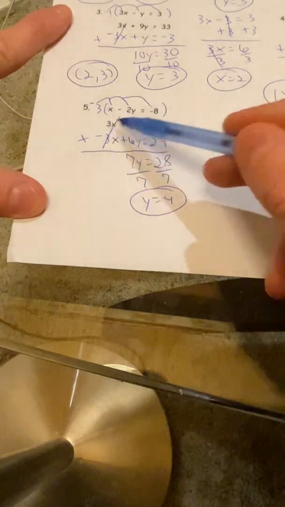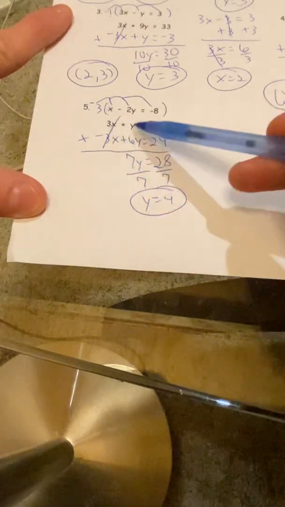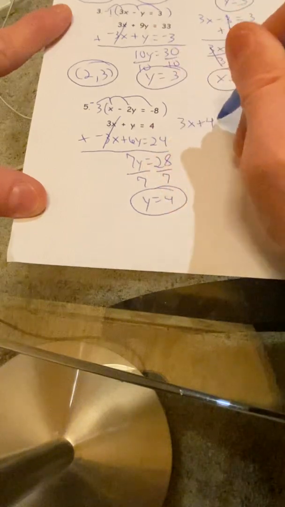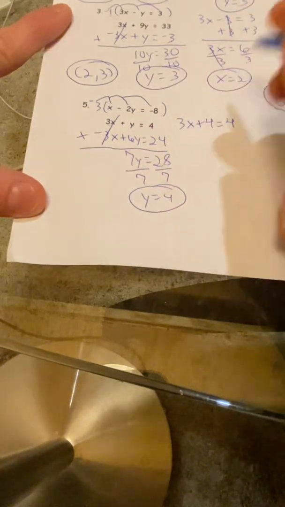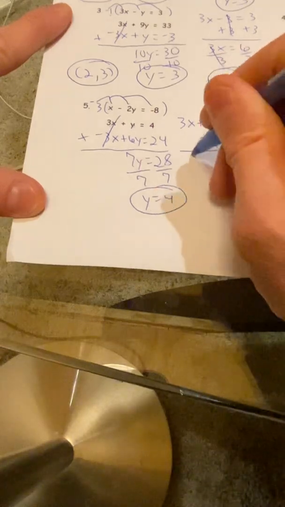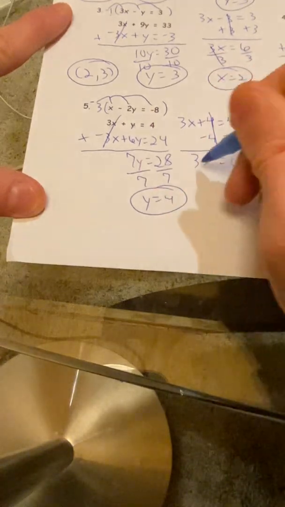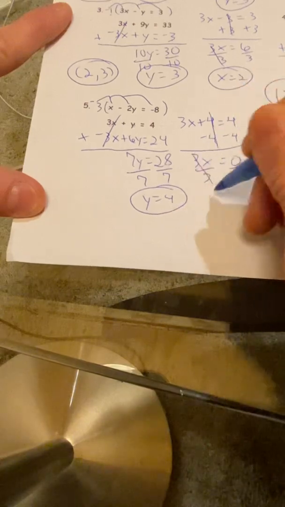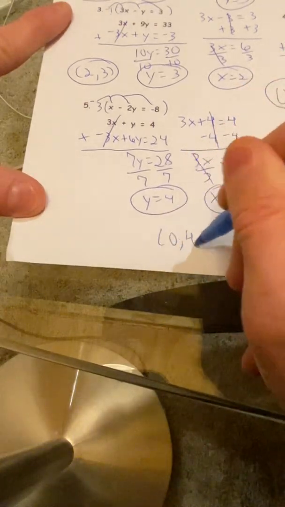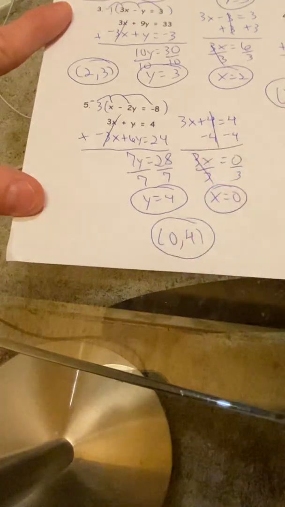Again, if you see one like the bottom row here where all you have is a y, probably your easier option. 3x plus 4 equals 4. Now, solve for x. Subtract the 4, 3x equals 0, divide, and x is 0. So the point where, again, if we would have graphed, 0, 4.